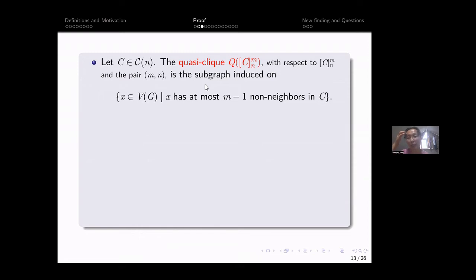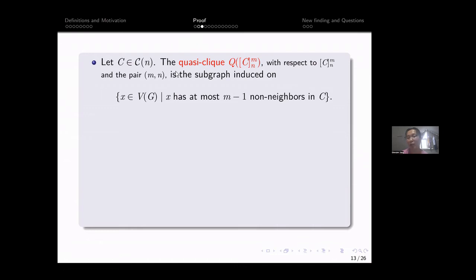We want to say that for two vertices in the same crazy clique, they must have many common neighbors, because for two vertices in the same crazy clique, they are both adjacent to many vertices in a large clique.